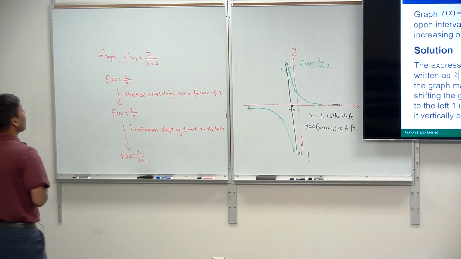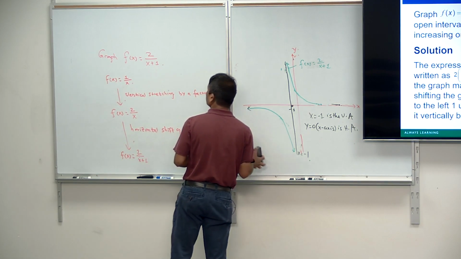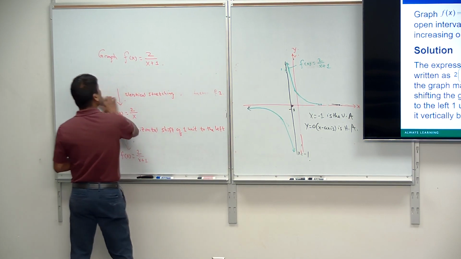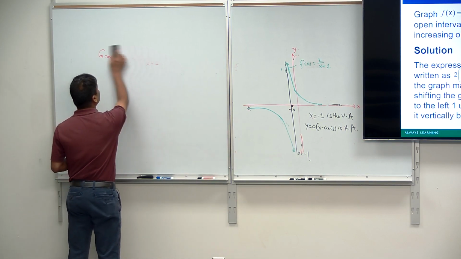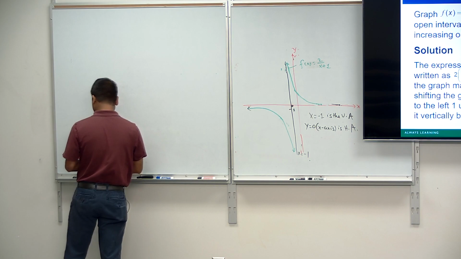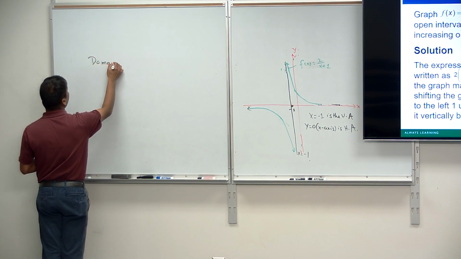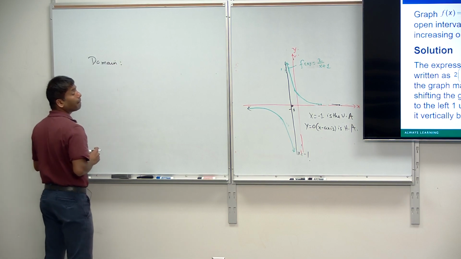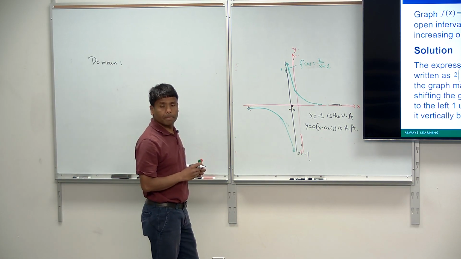And what happened here? What is the domain of this function, guys? What will be the domain of this function? Can you figure out the domain? Negative infinity comma negative 1, and then union negative 1 comma infinity.